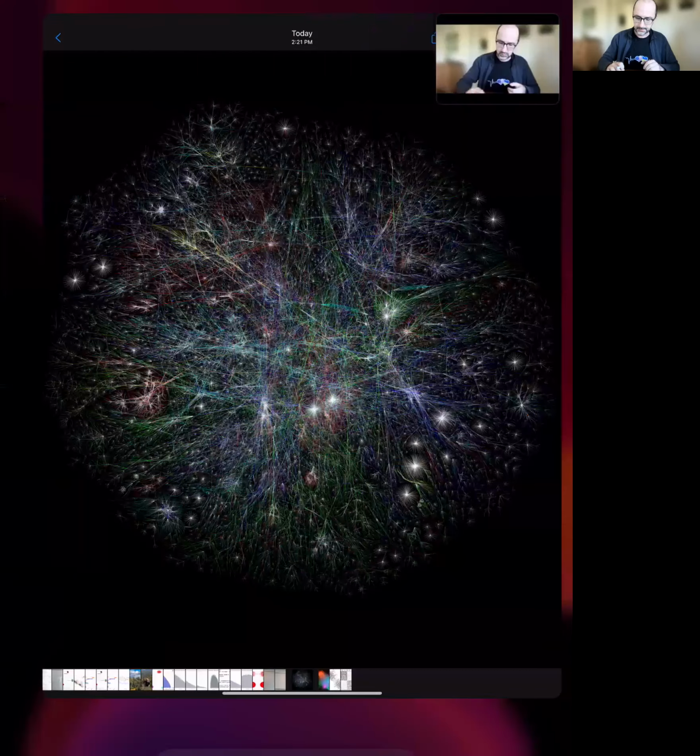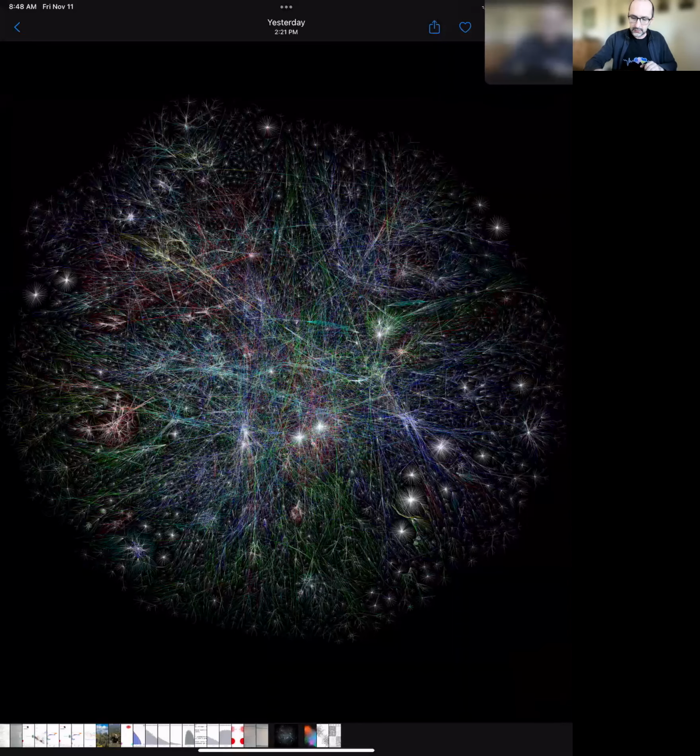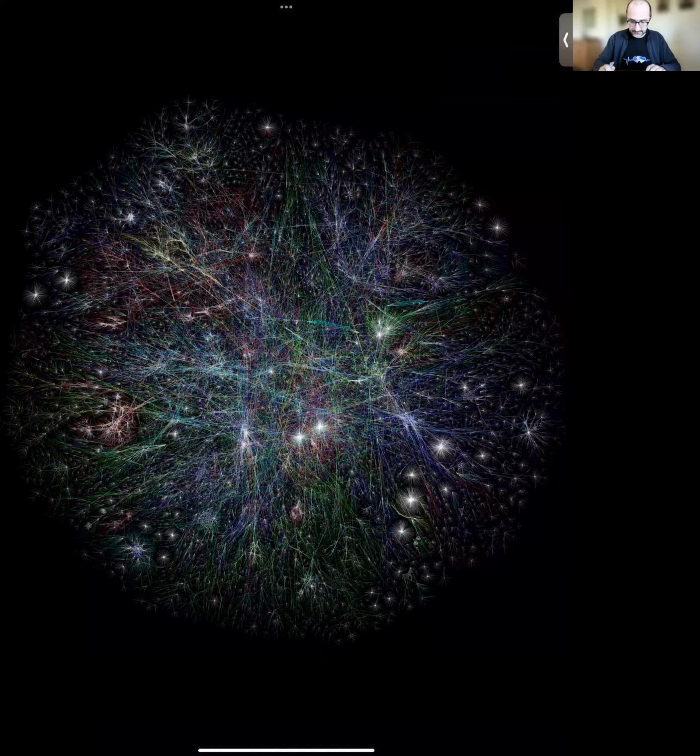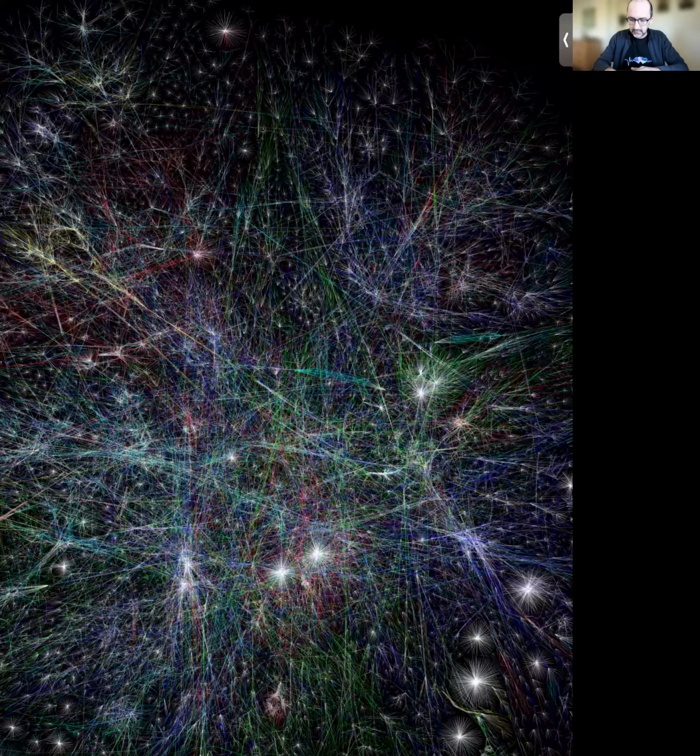This is the internet, actually a very small part of it. The vertices, I believe in this case, are IP addresses, and there are connections between them.